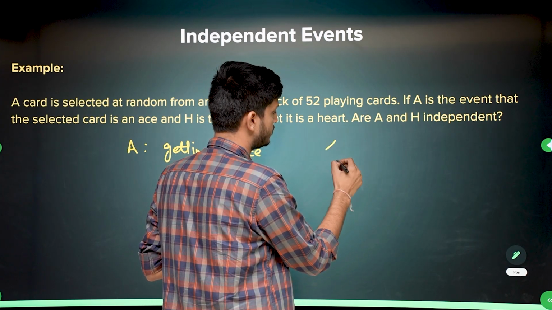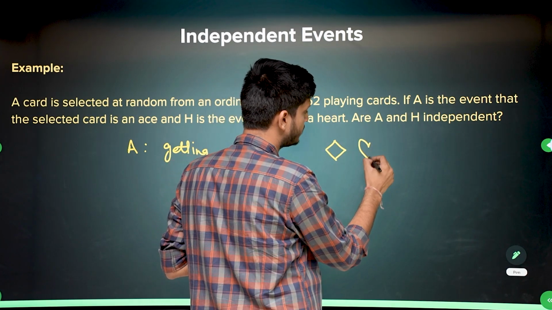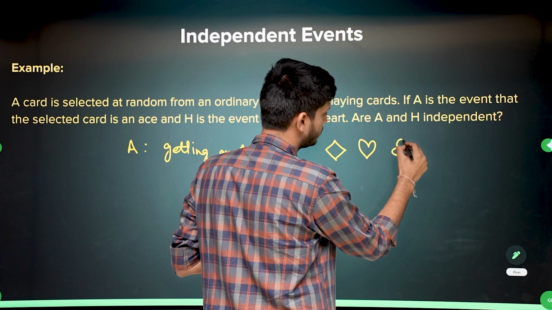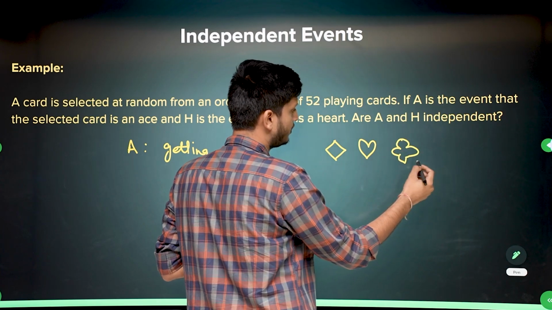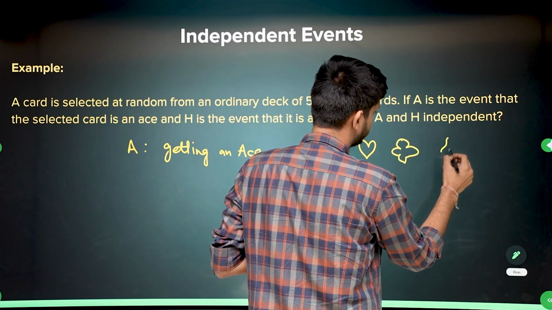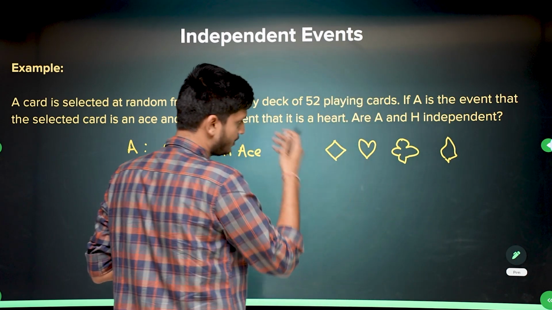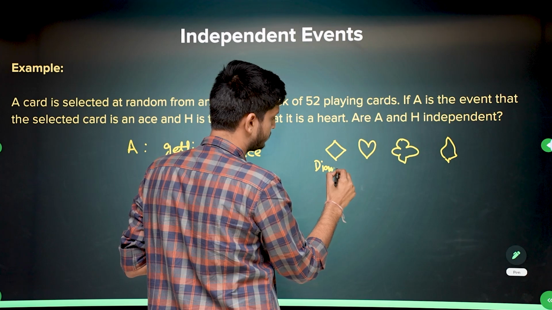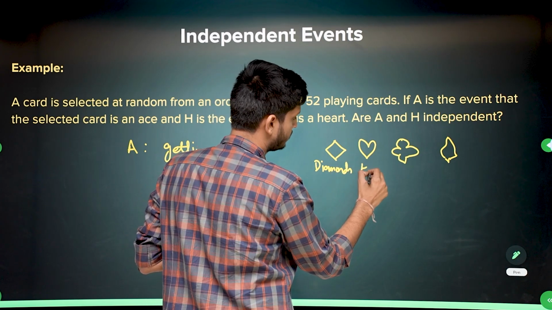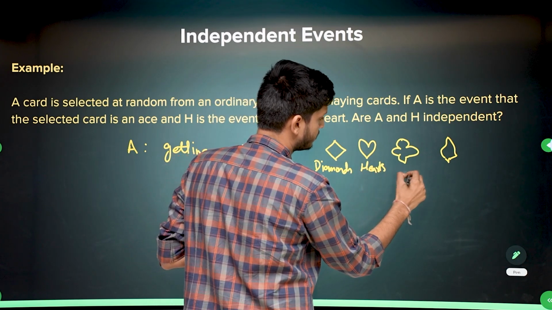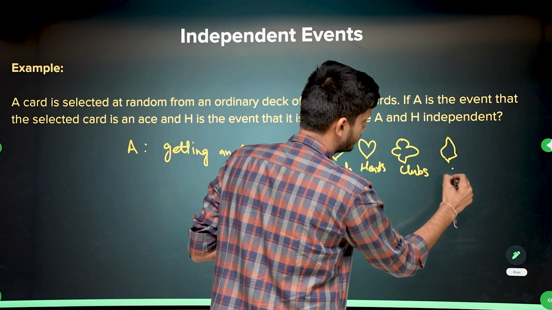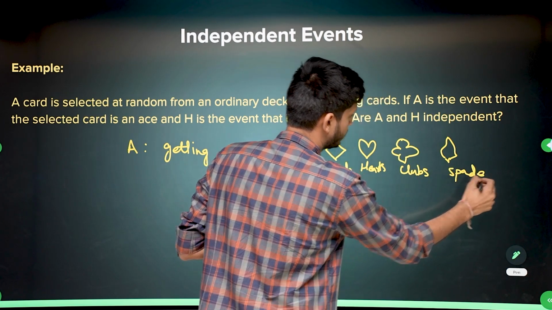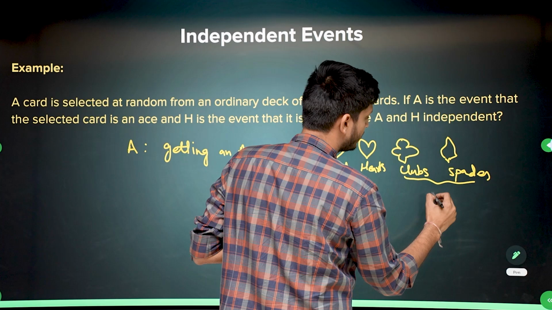So there are 4 suits: diamonds, hearts, clubs and spades. Clubs and spades are black in color.